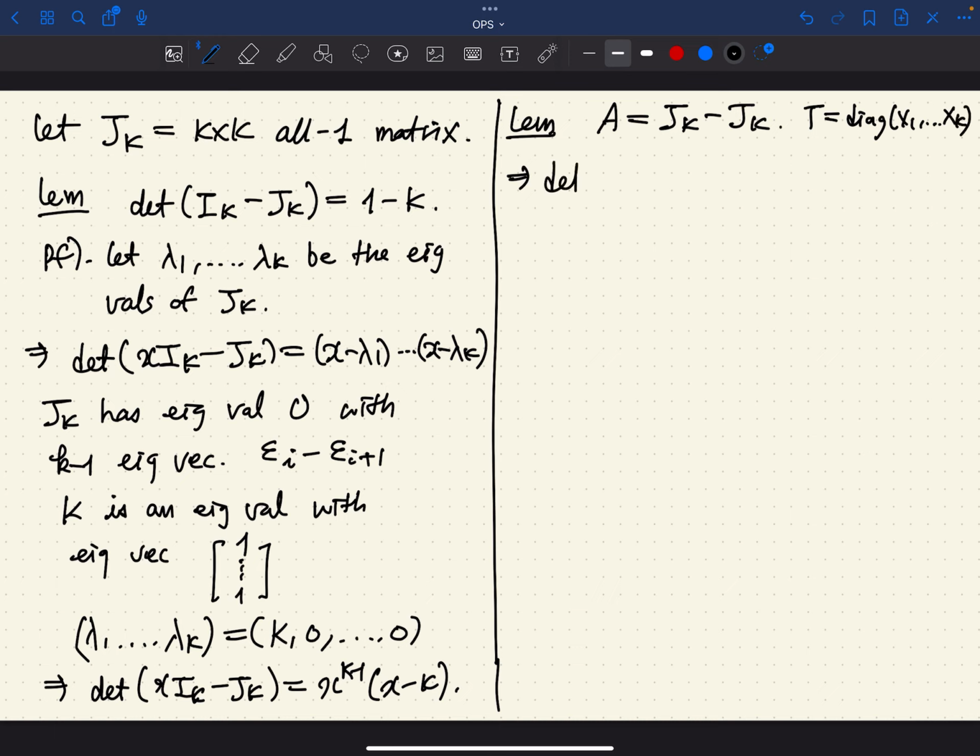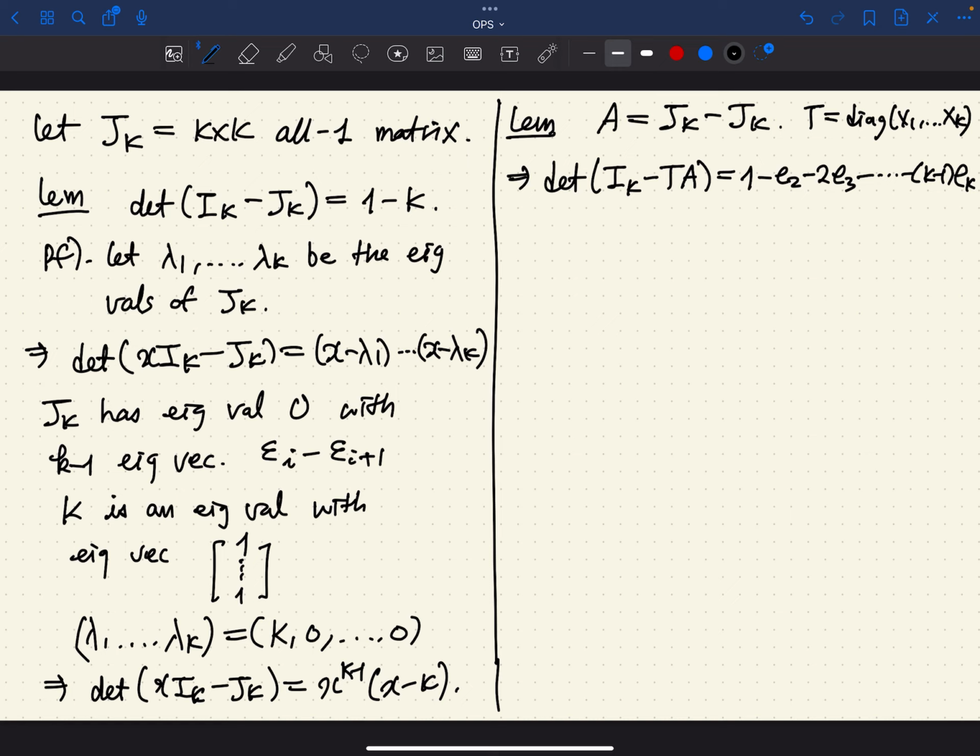Then the determinant of I minus TA equals the determinant, the denominator that we saw before. It has a nice expansion like this.